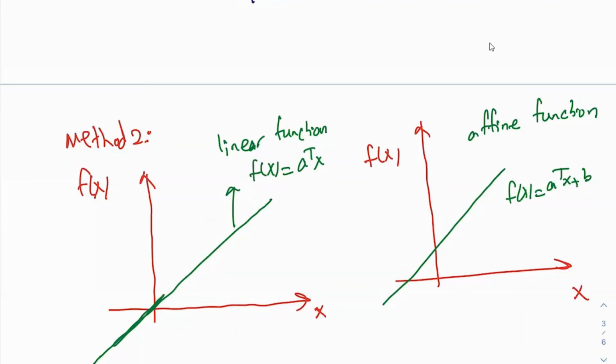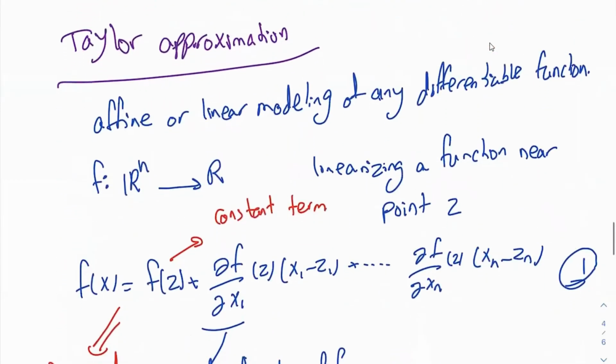Okay, let's continue now. Taylor approximation. So Taylor approximation is a method to model any function by an affine or linear function, right? Any differentiable function, because we are taking the derivative with respect to x or the coordinates of x, x1, x2, like a vector x.